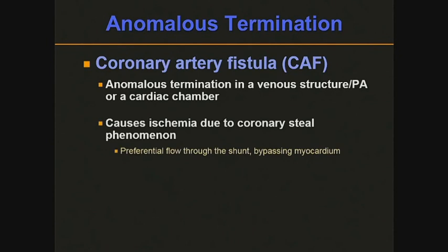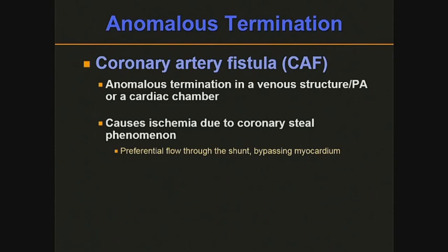This also causes ischemia due to a coronary steal phenomenon. The coronary artery and its branches should terminate to provide flow to the myocardium, and this fistulous connection competes with the normal branches. So instead of the blood going towards the myocardium, it goes into the connection and in the wrong direction.